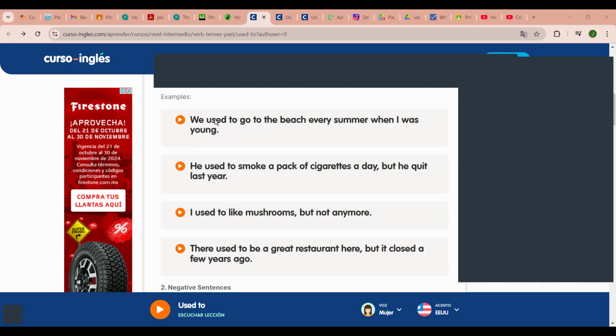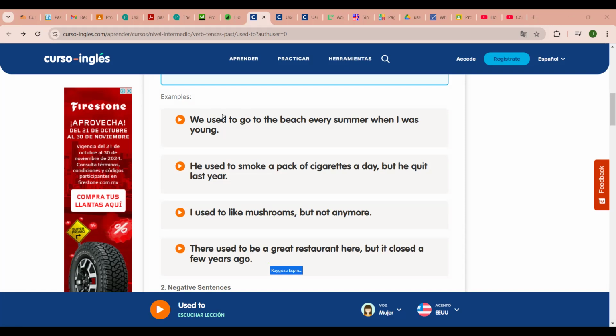Notice used to plus go, used to plus smoke, used to plus like, or used to plus be. In the affirmative form, that's your structure. All right. It has to have the D because it's coming from the past, and to make it a modal, used to in the affirmative form. And you use your verbs in their base form because modals always go with a base form verb.